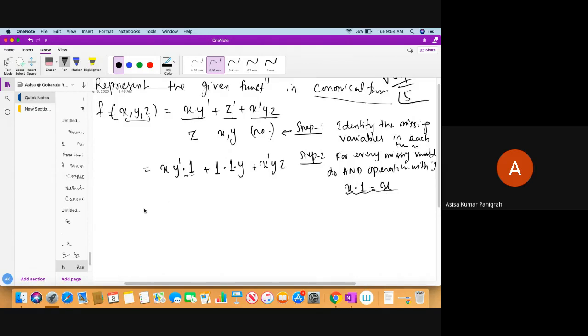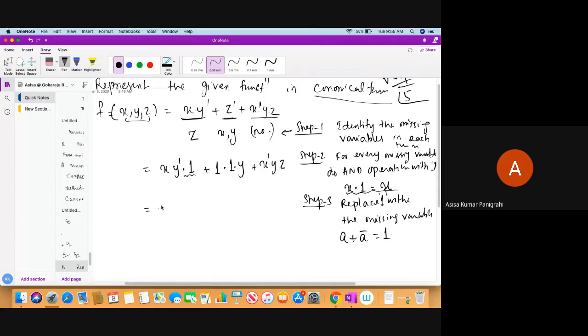Now step 3, please try to understand, I am telling you in a very simple way: replace 1 with the missing variables. We know that A or A bar is 1, and wherever 1 is there, we can use the true form or the complement form, which is equal to 1.